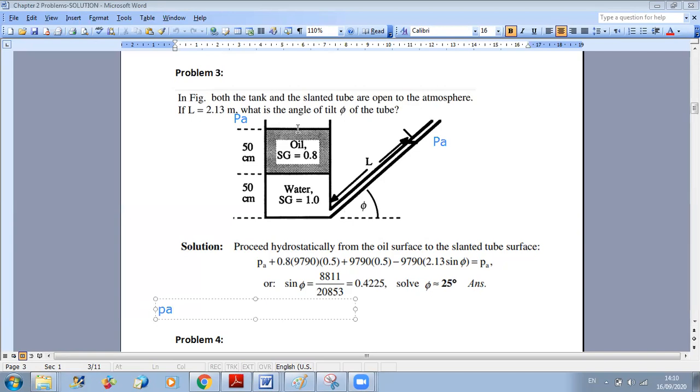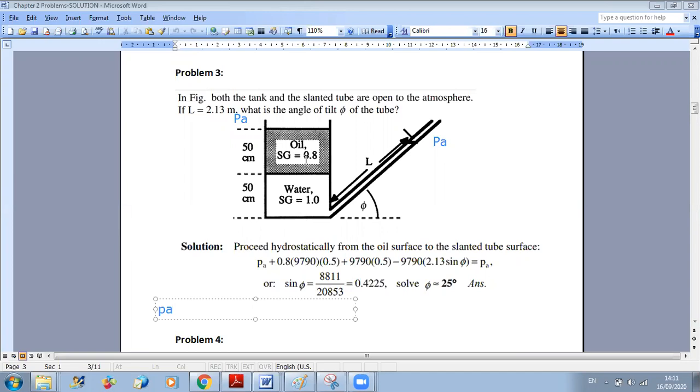Now I am going down into oil, and they gave me the specific gravity. When they gave you the specific gravity, you multiply this specific gravity by rho of water at 4 degrees. This is a property you should know. You multiply it by 0.8, you get the density of oil, and then you multiply by g, you get gamma, because gamma of oil is rho of oil times g.